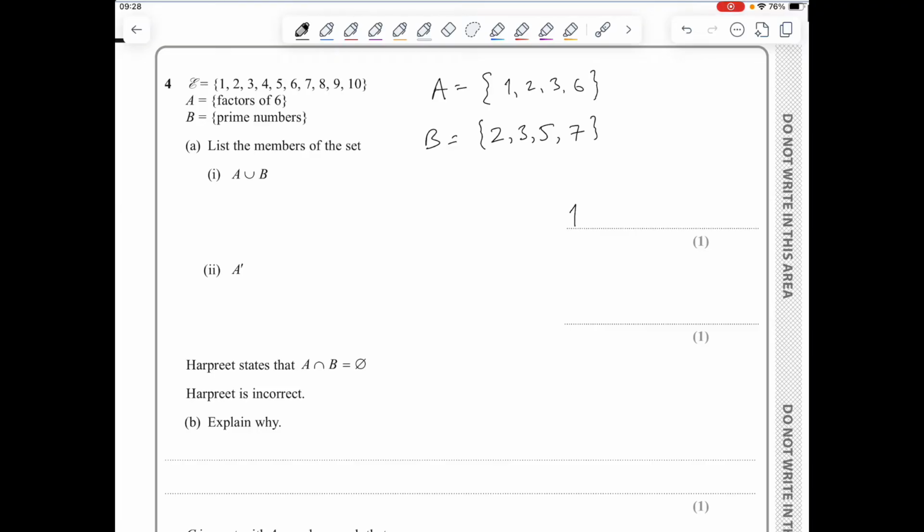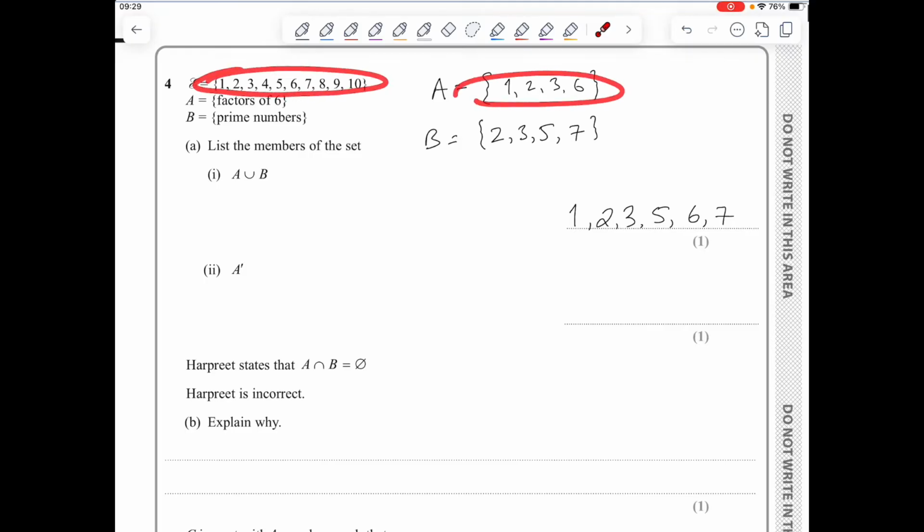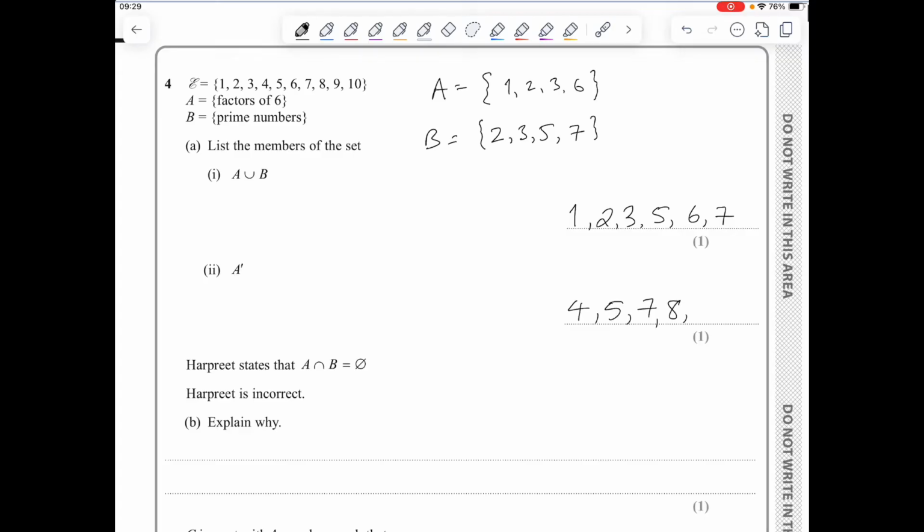So 1, 2, 3, 5, 6, 7. And for II, A dash are all the elements that are in the universal set, but not in A. And these are the elements 4, 5, 7, 8, 9, and 10.